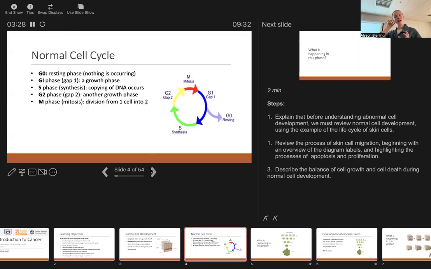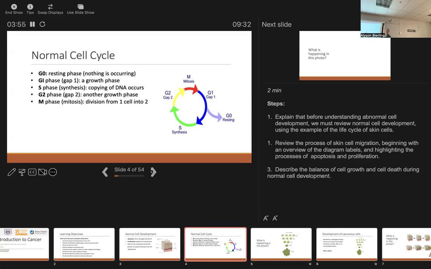Okay, so another important concept to understand as we move on to discussing cancer is the normal cell cycle. Does everyone remember this diagram from biology? Yes. So all of the cells in our body are going through all of these steps. G0 is the resting phase of a cell. So nothing is happening here.